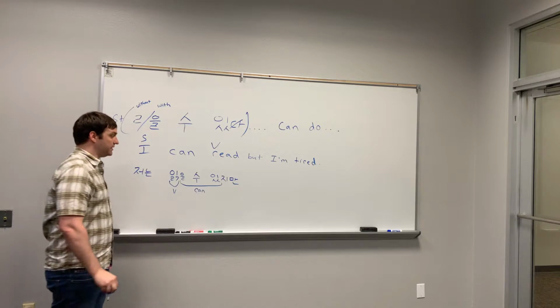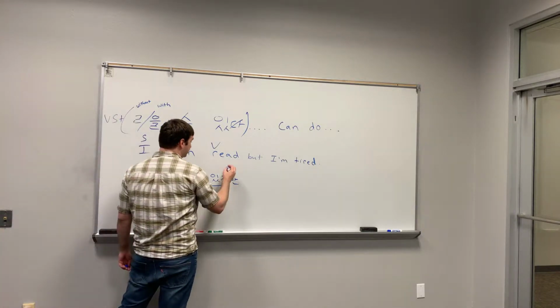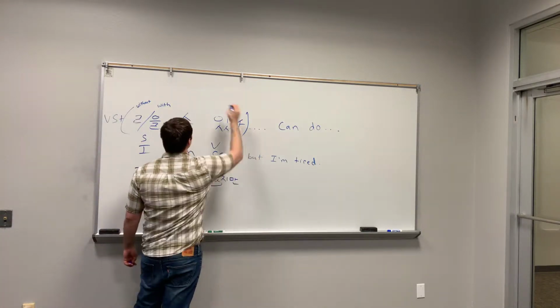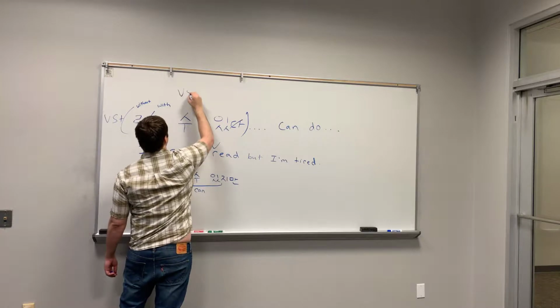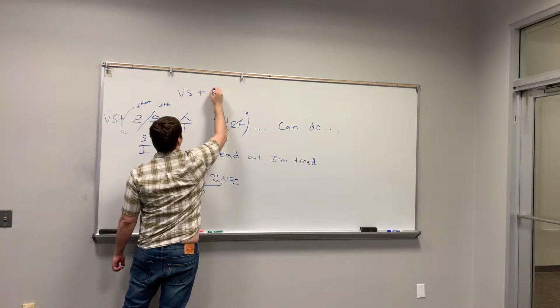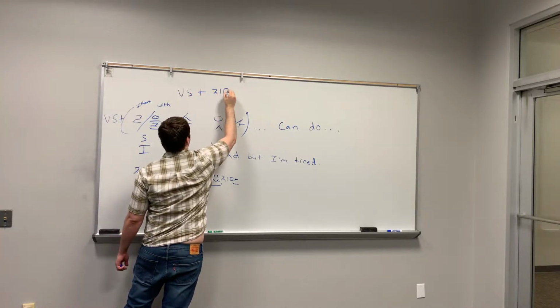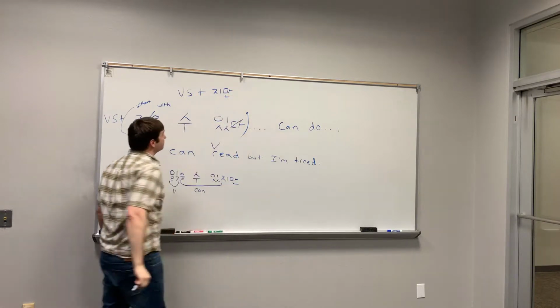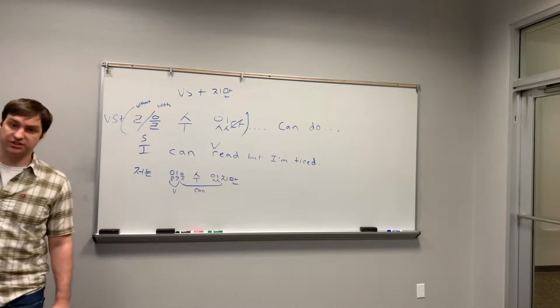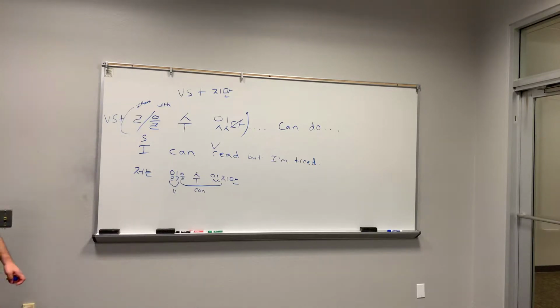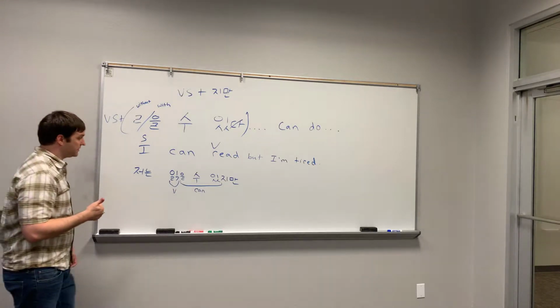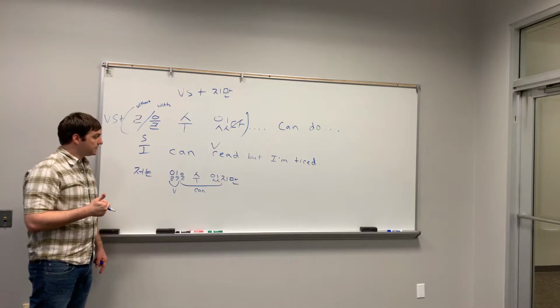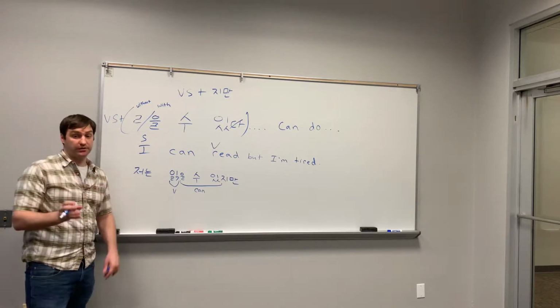And this is added directly to your verb stem. So if you want to say but, say verb stem plus 지만. That means but. So we just stacked it right on the end.